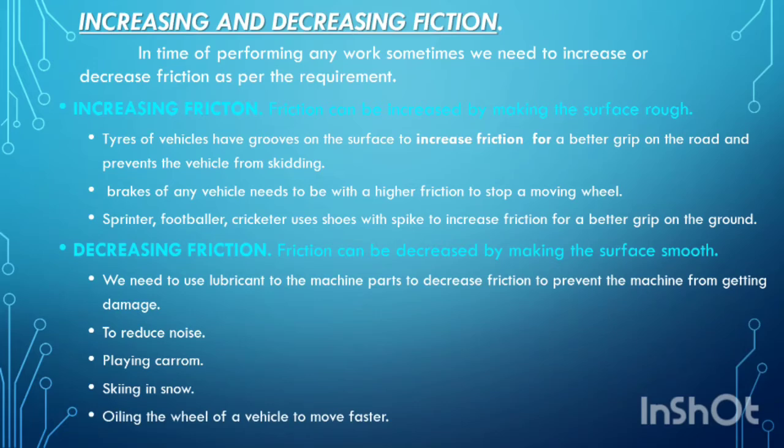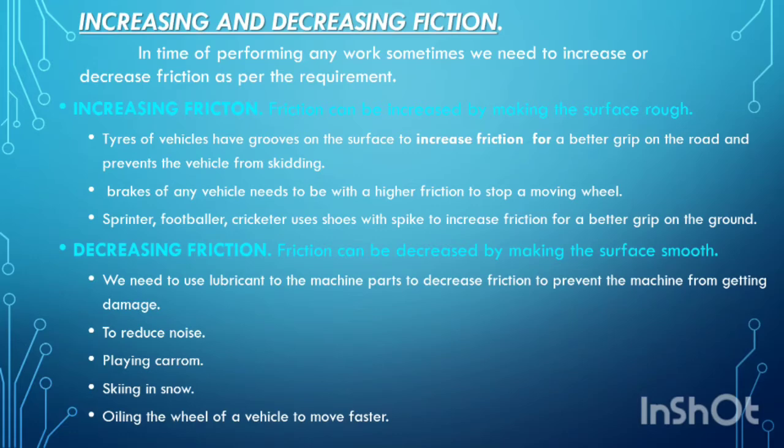etc. Next, decreasing friction. Yes, we also need to decrease friction. In the first example, we have learned that machinery parts get damaged due to friction. To prevent that damage, we need to reduce friction between those surfaces.